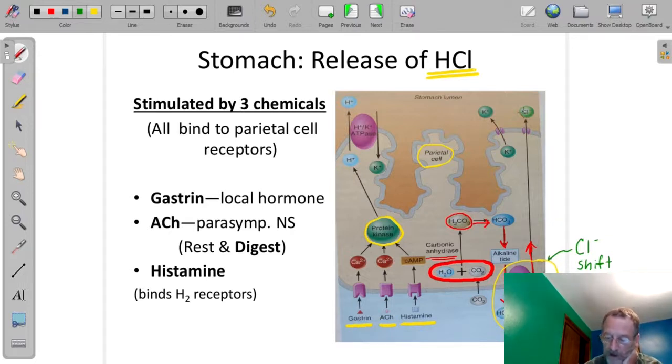Okay, and then the chloride just continues on and is moved out of the cell, and there's half of our hydrochloric acid. There's the chloride ion. Let's go back to the carbonic acid that was produced by the anhydrase. The diagram should have shown the hydrogen that came off.